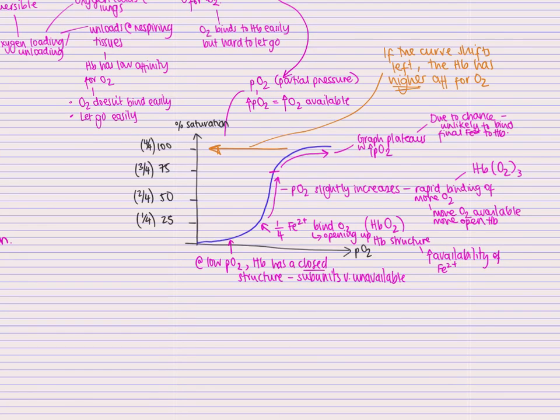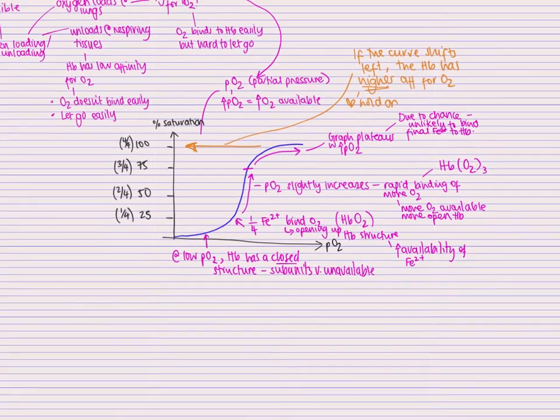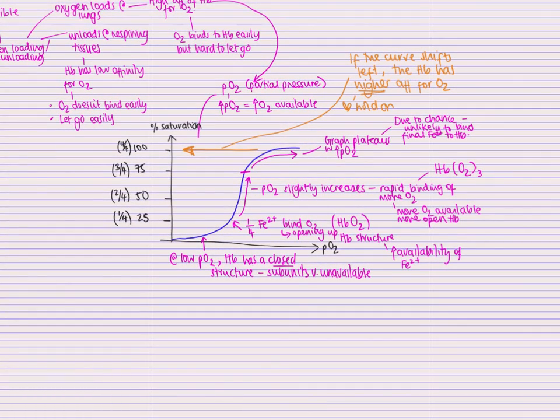And remember, high affinity means that it loves it, it wants to hold on. Okay, and these would be organisms that live in low oxygen conditions. Maybe things like flatworms that live in the sand.